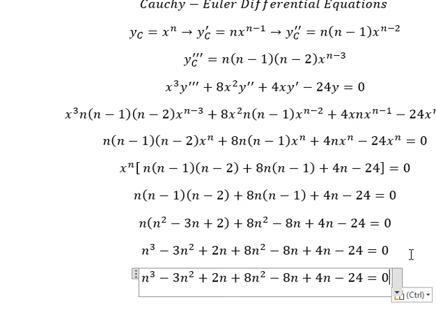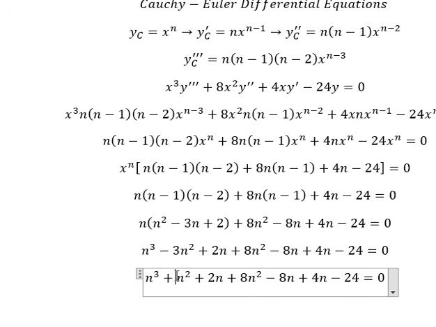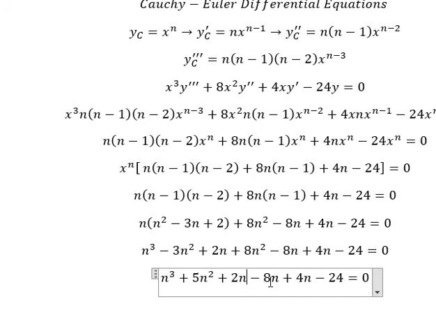Now we need to simplify. Negative 3n squared plus 8n squared, you get 5n squared. 2n minus 8n plus 4n, we have negative 2.